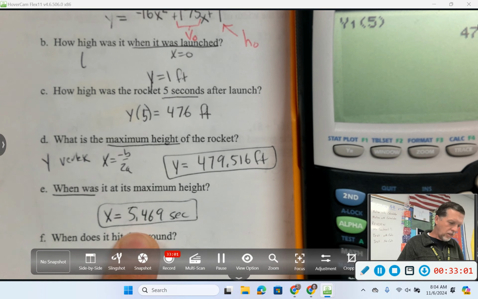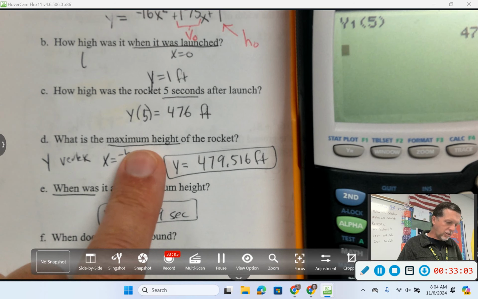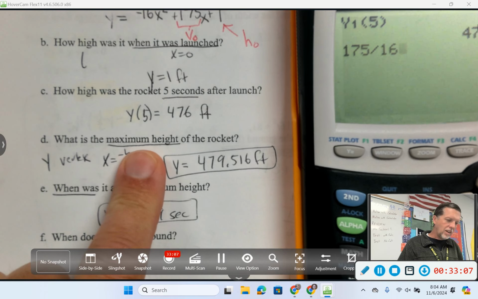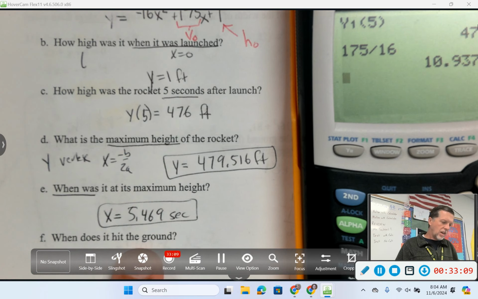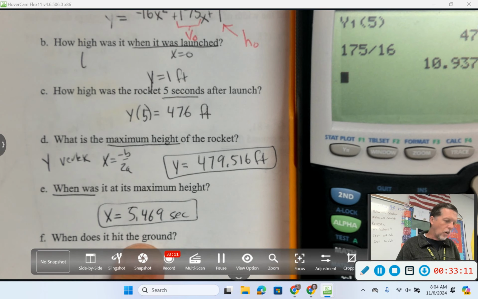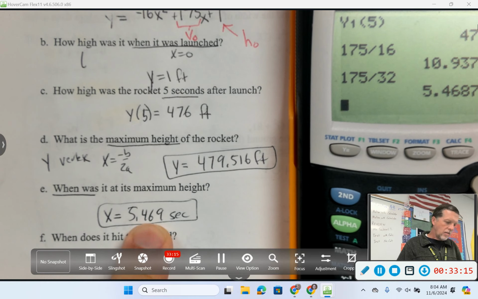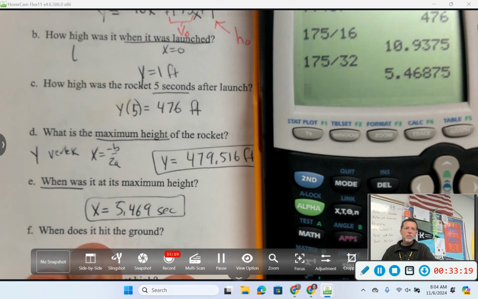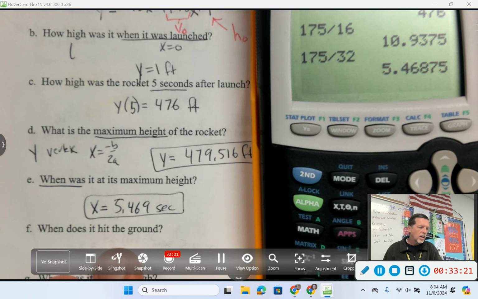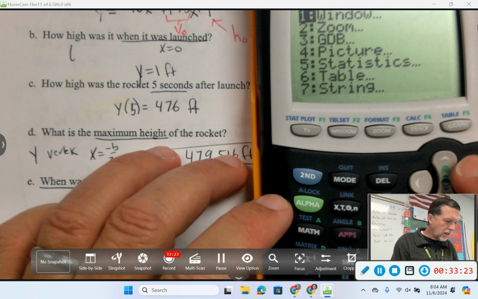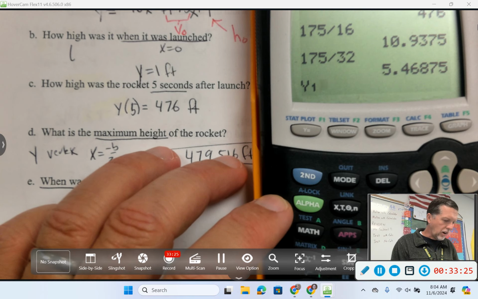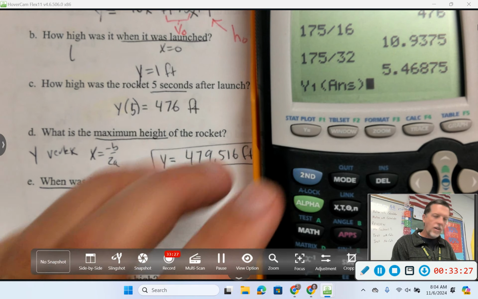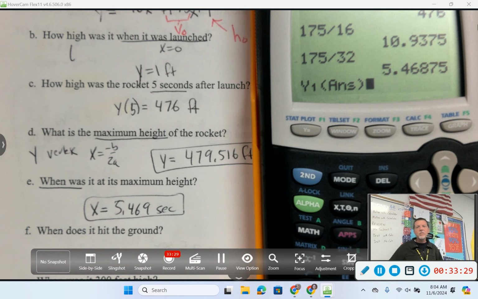Well, let's do this the long way then. Negative b over 2a would be 175 over 16. Wait, what is it? Oh, over 2a. 175 divided by 32 is 5.46875. That's what the graph showed. And then if I want the y value there, your calculator is amazing. It knows function notation.